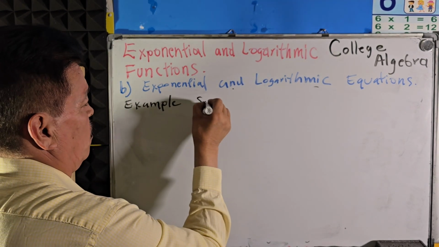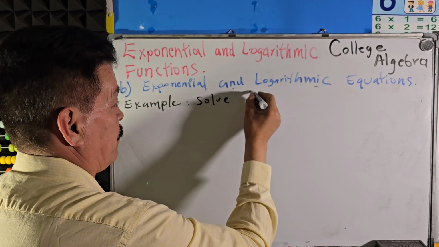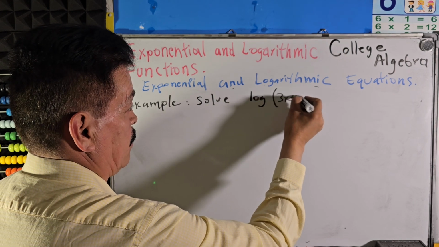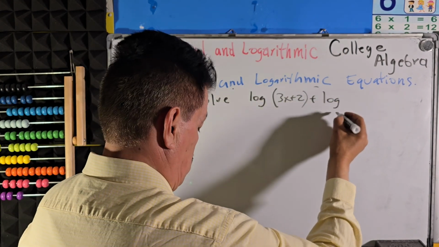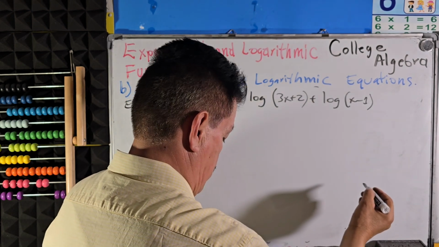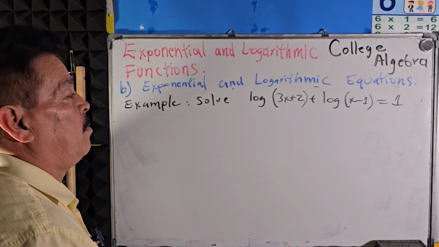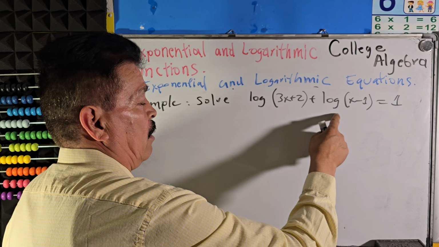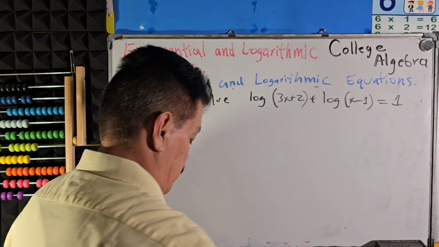So we have to solve, that's our problem, okay? Solve log of 3x plus 2 plus log of x minus 1 equals 1.